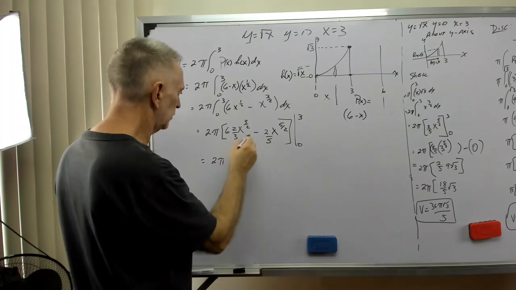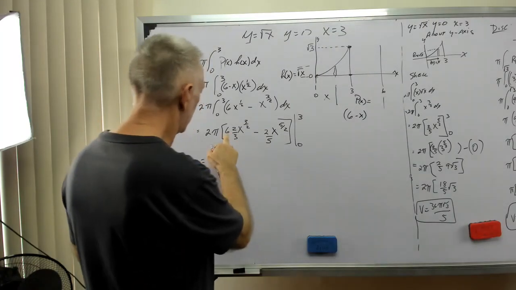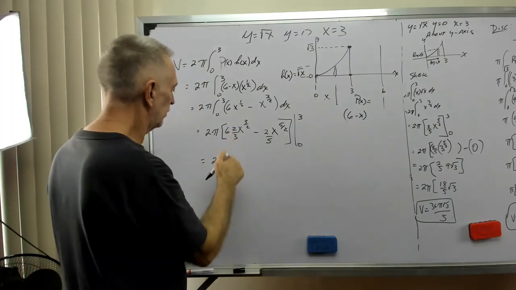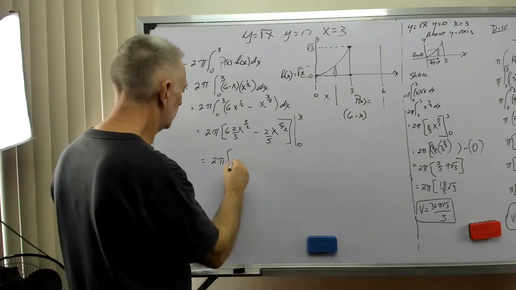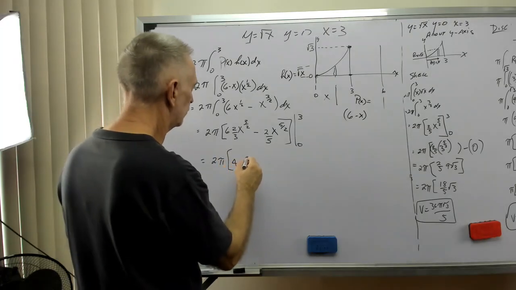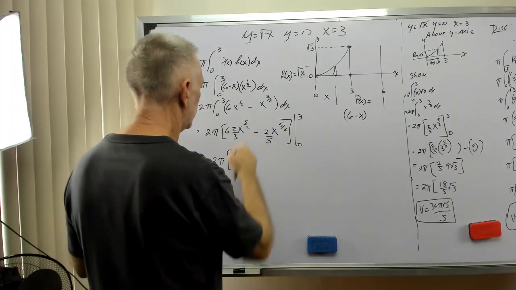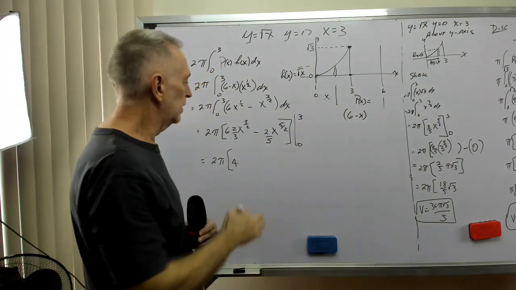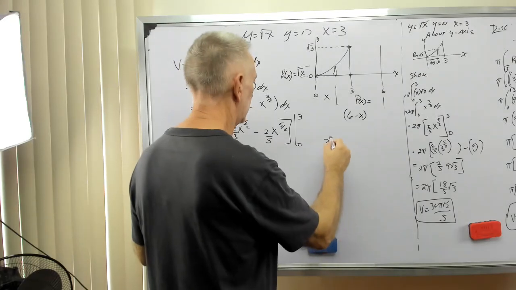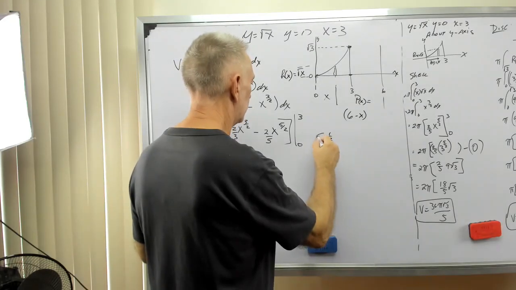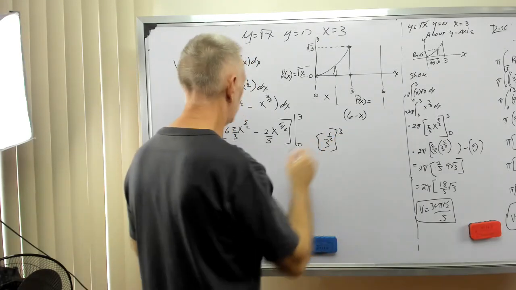Okay, so now let's work through some of the math here. 6 times 2 is 12. 12 divided by 3 is 4. So 4 times x to the 3/2, which is 3 cubed, and the square root of that. I'm going to take that as 3 to the square root of 3 cubed.